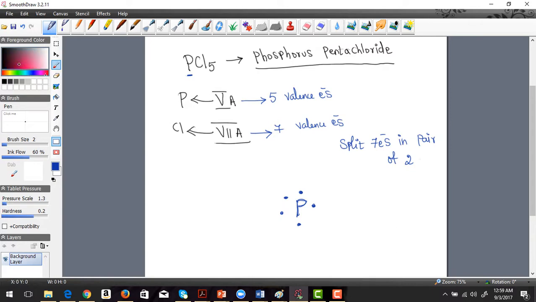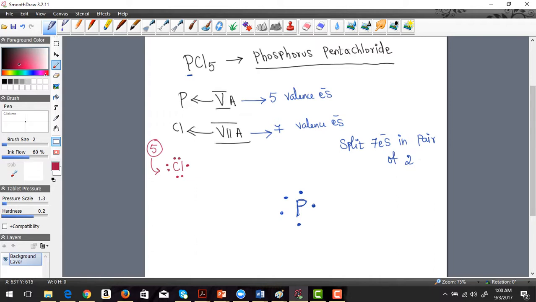Let's get our red. If I split the 7 electrons in pairs, I can make 3 pairs, but then there's an odd electron left out.